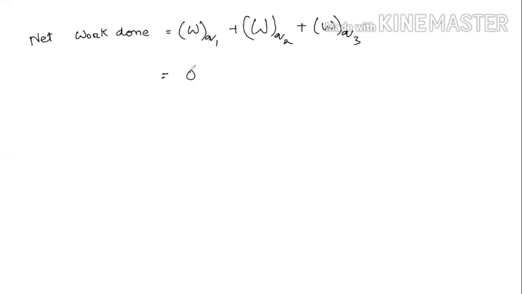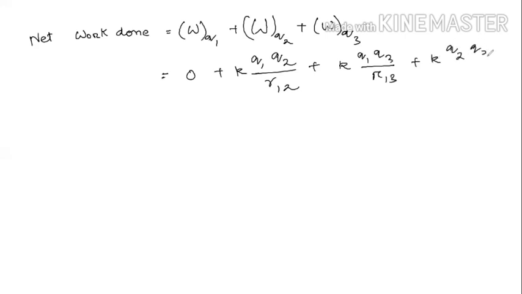Work done due to charge Q1 will be 0. Due to charge Q2 it will be K Q1 Q2 by R12. And due to Q3, it is K Q1 Q3 by R13 plus K Q2 Q3 by R23.